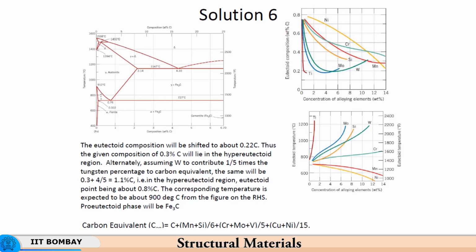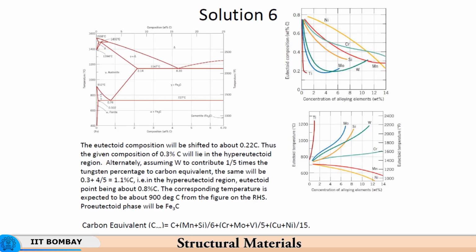So, if you look at the graph of 4% tungsten which is here, then the eutectoid composition comes down from 0.8 to slightly over 0.2. So, this point will shift to the left and come to 0.2% carbon.